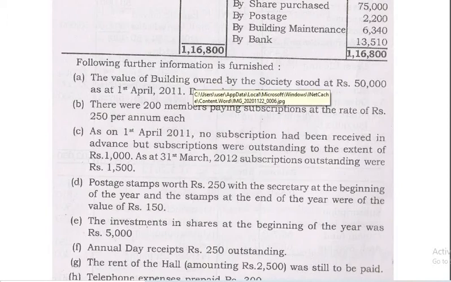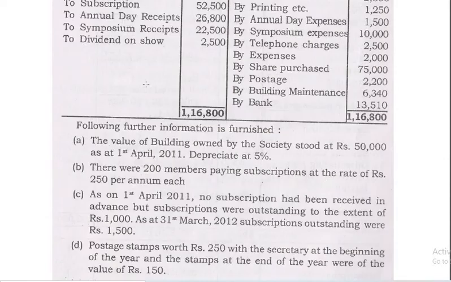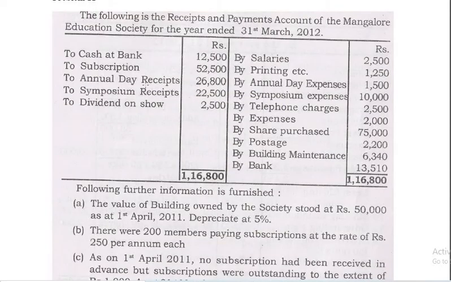The value of the building owned by the society stood at Rs 50,000 as at 1st April 2011. In this problem, the opening capital fund is not given. Therefore, there is a need to prepare the opening balance sheet as on 1st April 2011, and this building will be part of it.